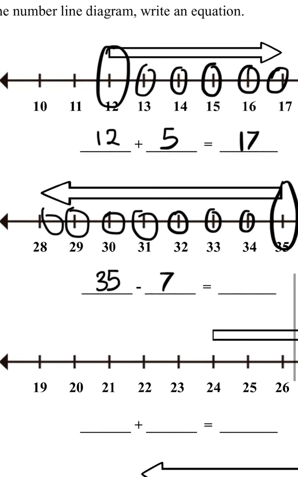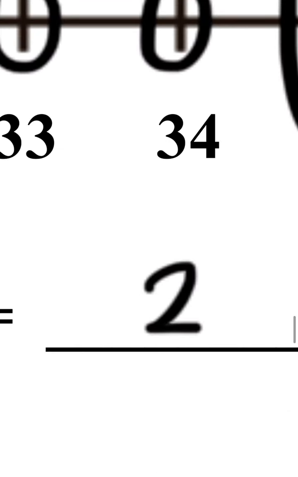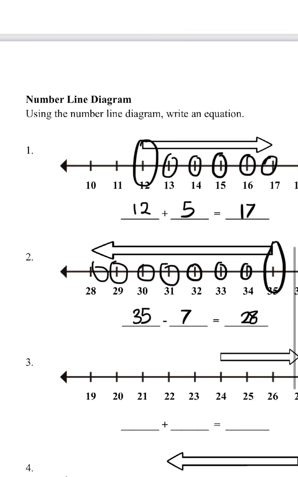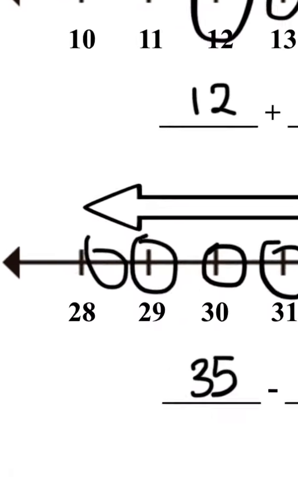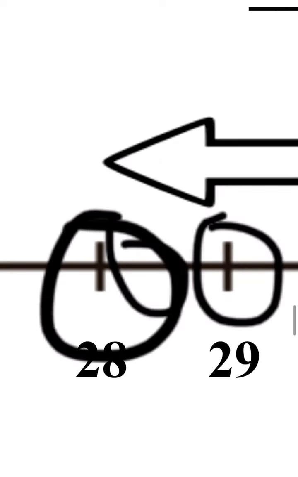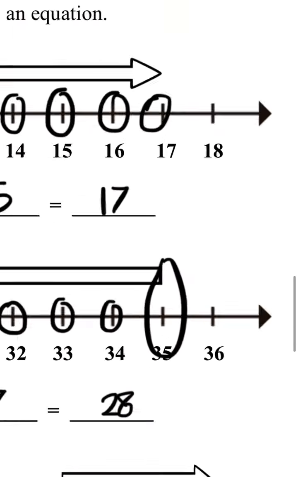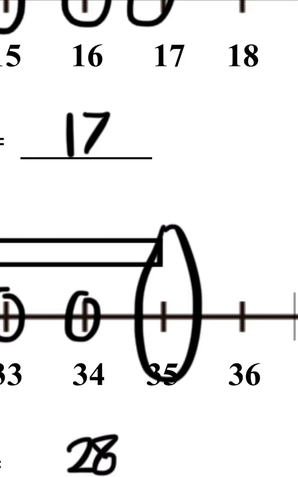So now we need to subtract 7 from 35, which becomes 28. And also, although we don't count it, we can know the answer by looking at the highest one and the lowest one that is under the arrow.